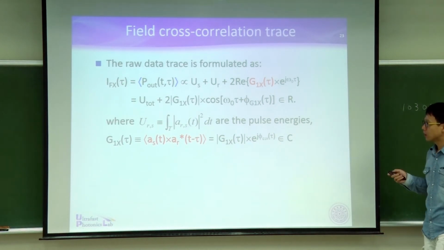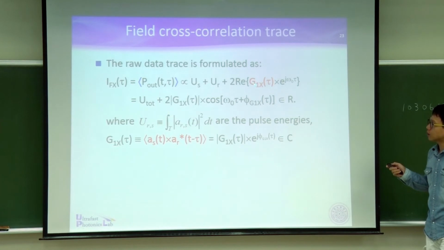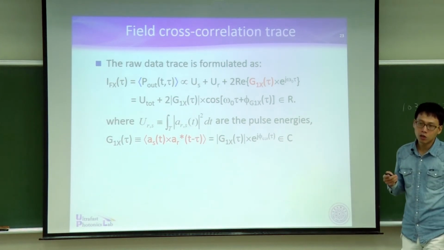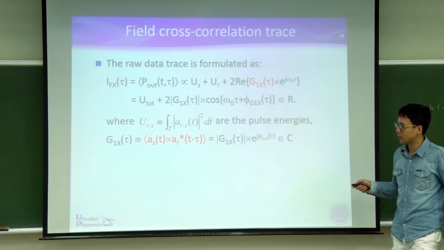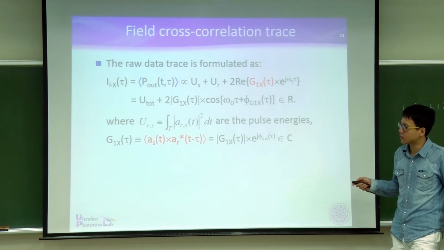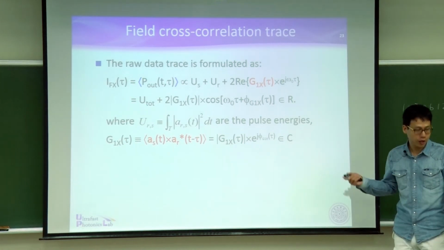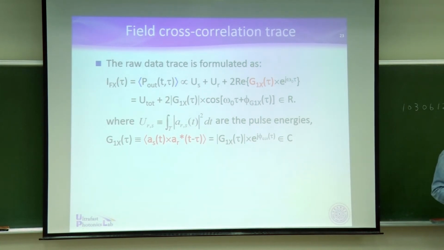Okay? And we have seen a new complex function G1x, which is defined here, AS of t times AR of t minus tau complex conjugate, without normalization. So it's very similar to the autocorrelation function, except that you have two different subscripts, AS and AR. Previously, just A and A star. Now you have two different component functions.